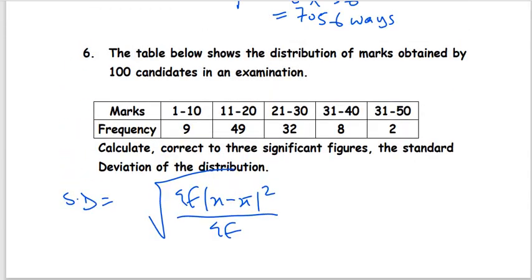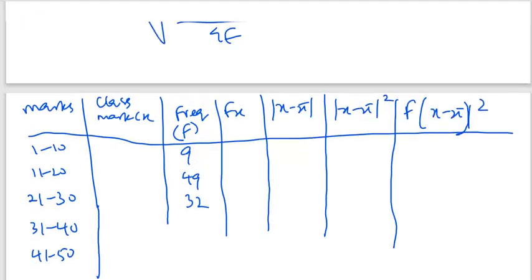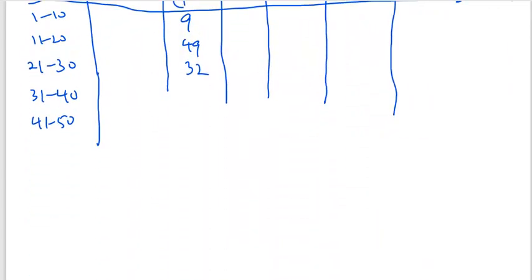Now frequency: 9, 49, 32, 8, 2. And everything here is 100. Summation f is equal to 100.